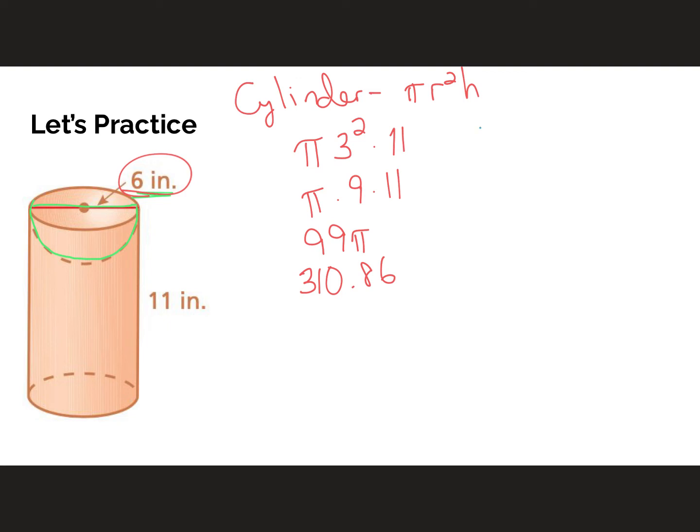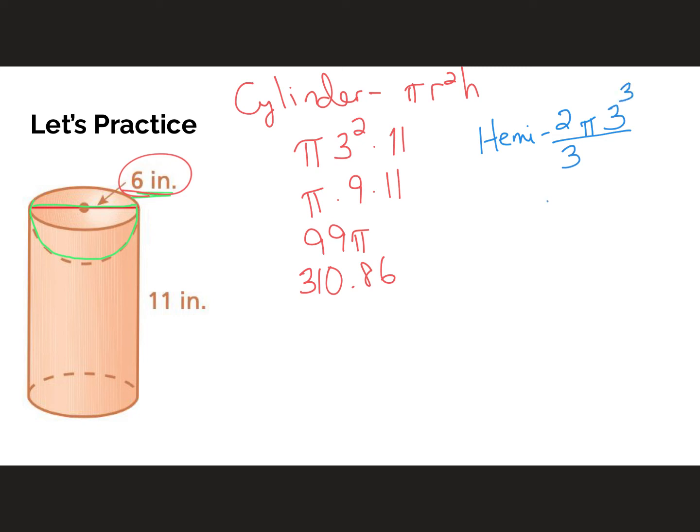So our hemisphere is 2/3 of pi times my radius cubed, 3 cubed.